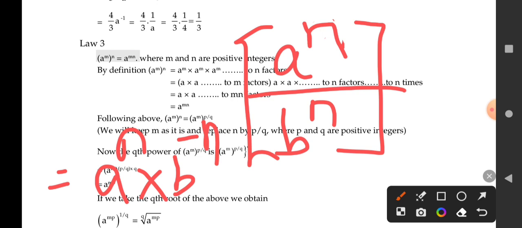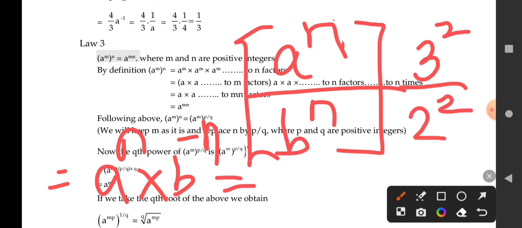Let us see directly with an example: 3 square divided by 2 square. So what do we have? 9 divided by 4. Can you simplify this? You cannot simplify this any further.